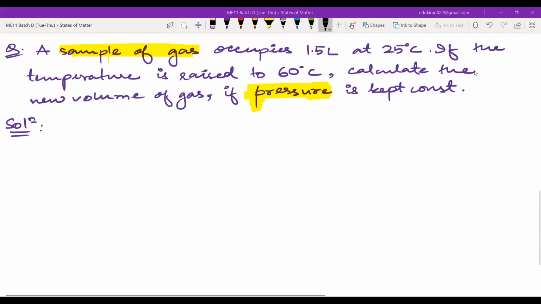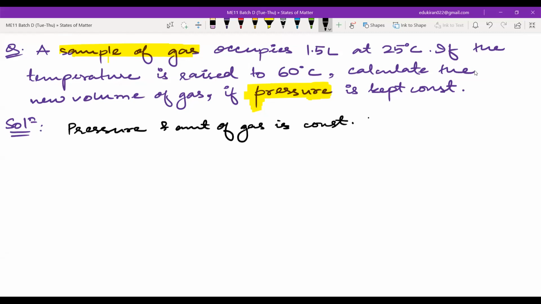Look here. They have said that the pressure and amount of gas is constant, right? And what is changing? Volume and temperature are changing.